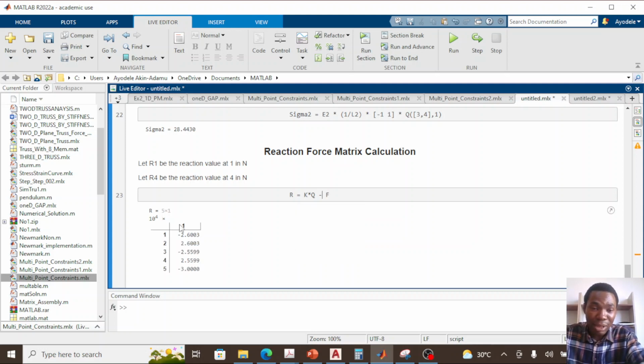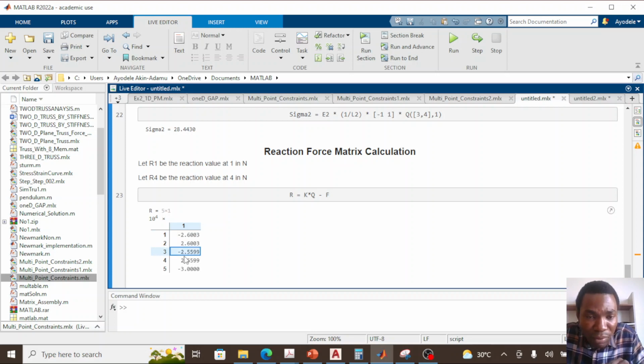That means R1 is negative, so the force is pointing upward, which agrees with the assumption that finite element 1 is in tension. You can see this value should be correct, minus 2.6003. I think I calculated this in my hand calculation, so I'm going to check it. At node 1 we have minus 2.6003.